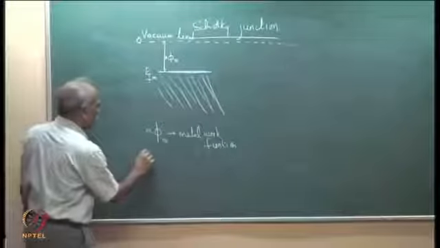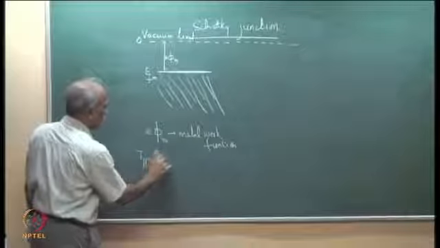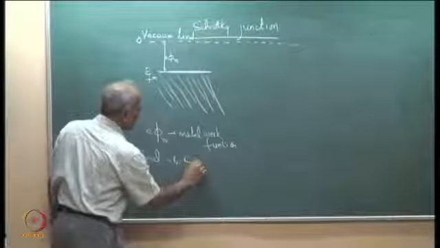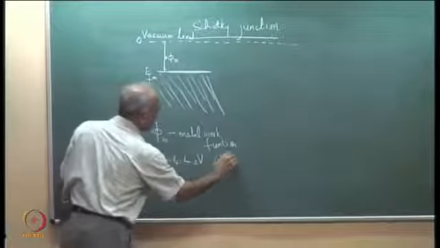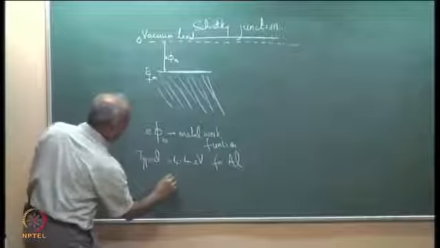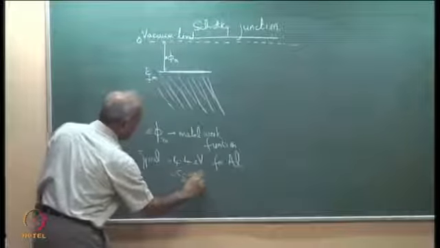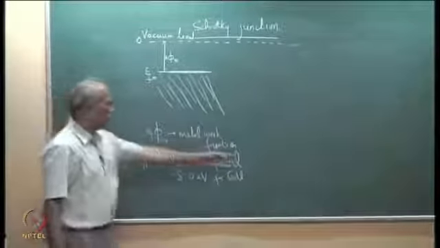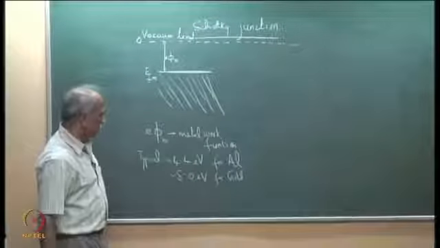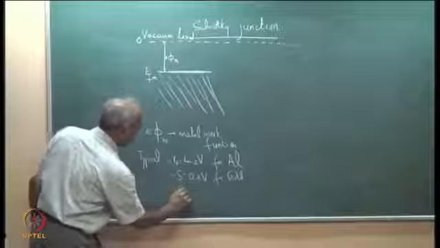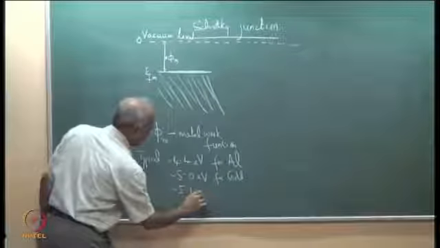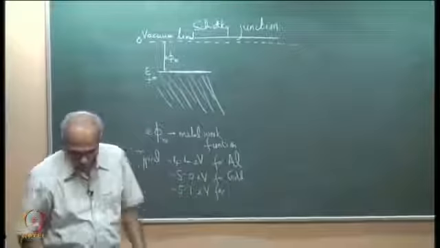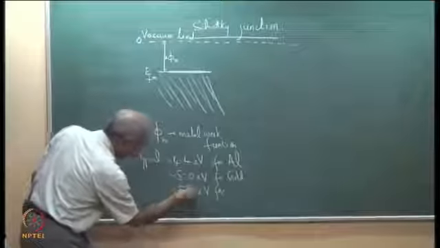Let us have some idea about typical numbers. Typical values are approximately 4.4 eV for aluminum, Al, and silver is also approximately the same, 4.4 eV. It is approximately 5 eV for gold, about 5.1 eV for something else, and 5.7 eV for platinum.